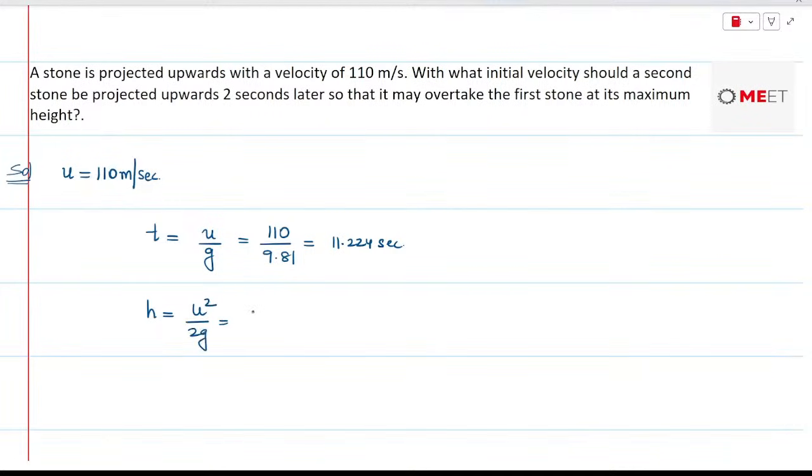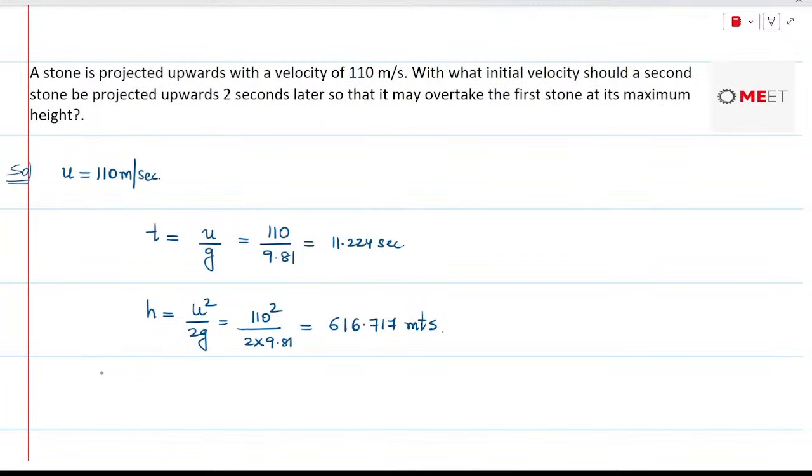Now the maximum height attained by this stone will be h equal to u square divided by 2g, that is 110 square divided by 2 into 9.81. So this is equal to 616.717 meters. This is the height attained by the stone.